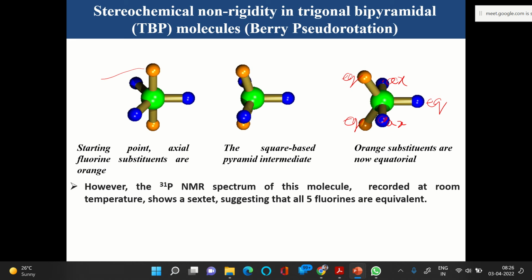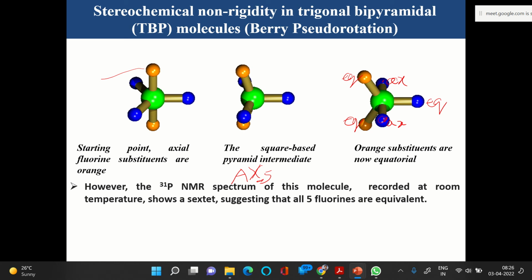Just like you have drawn for CH2 CH3, where the interaction of protons gives splitting, in a similar fashion you can go on: AX2, AX3, AX5. In this case you have an AX5 type situation, so the signal of A will be affected by the presence of 5 fluorines.